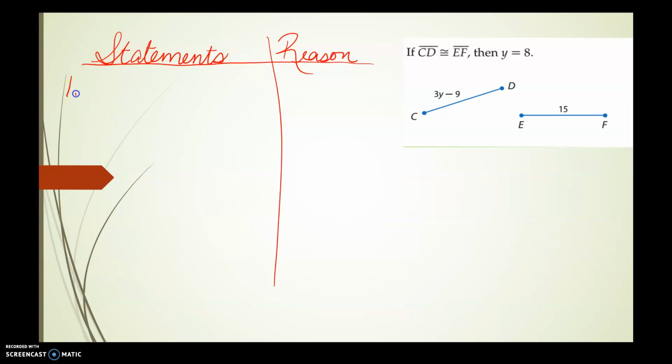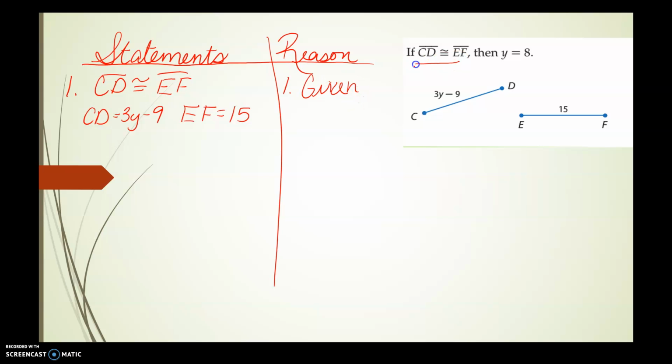I'm given that CD is congruent to EF. I'm also given that CD equals 3y minus 9, and that's in the picture, and EF equals 15. So that is all given. One in the picture and one up here in the writing.